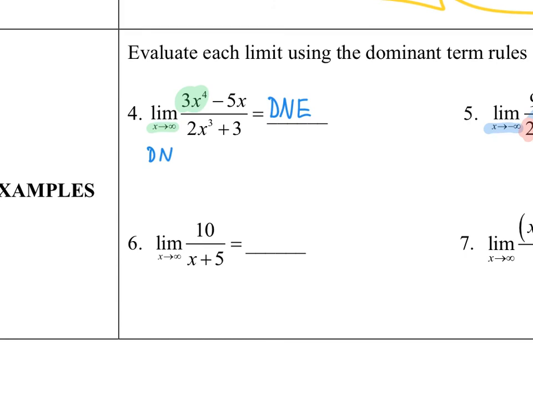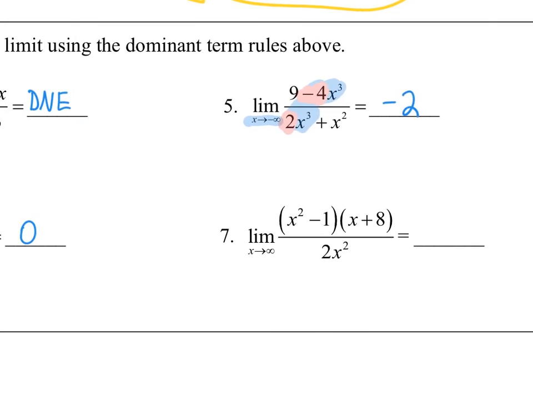For example 6, I take a look at this one, and I see that my dominant term is here in the denominator. And whenever you have a dominant denominator, your answer will always be 0. And my last one here, if your expression is not expanded, we're going to have to multiply this together. So I'm going to go x squared times x and get x cubed, x squared times 8 and get plus 8x squared.